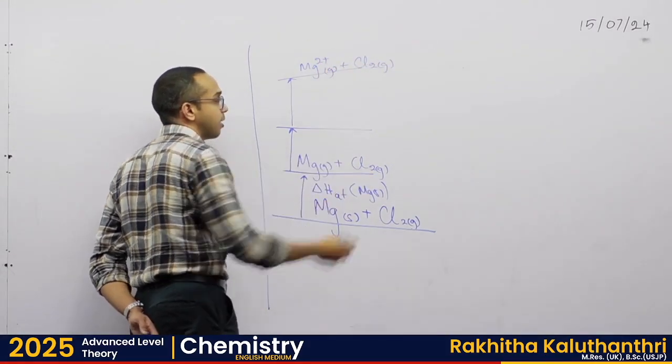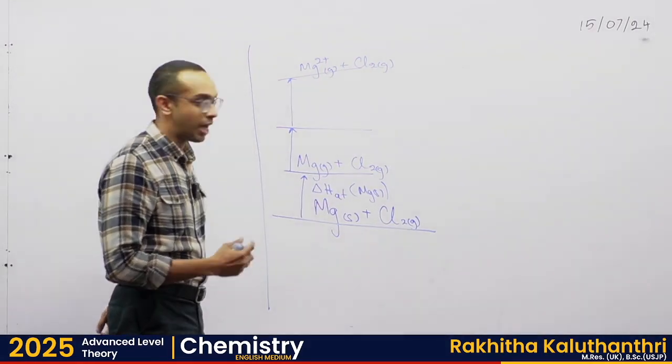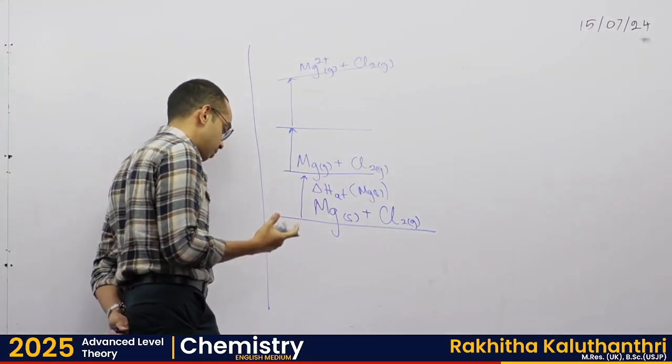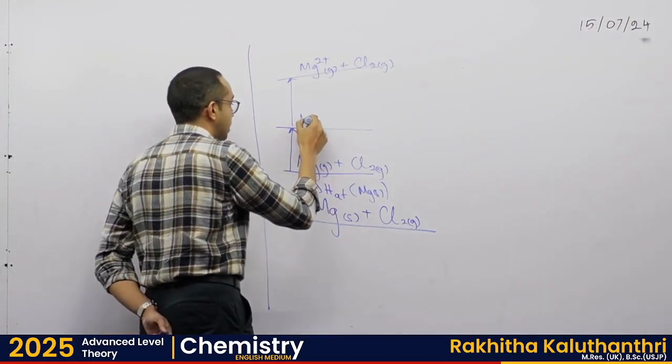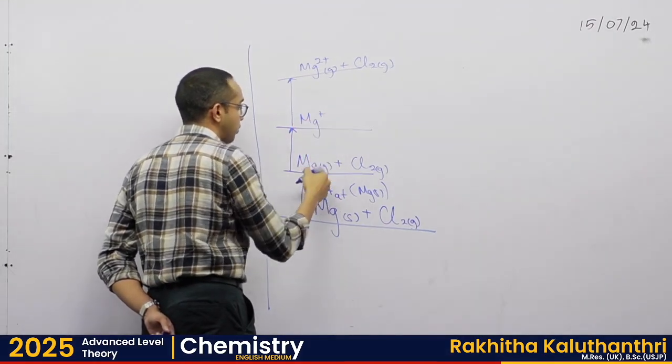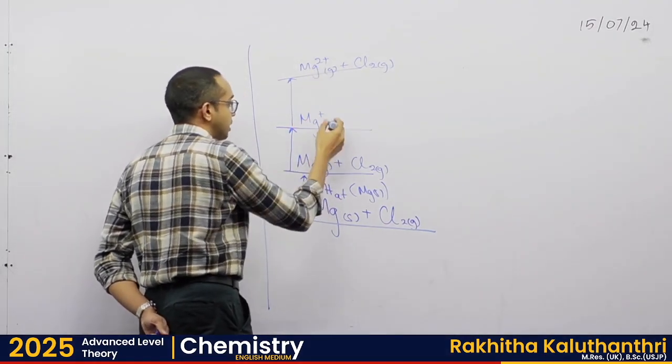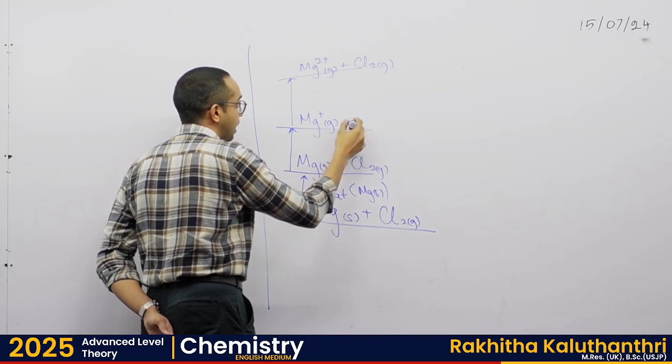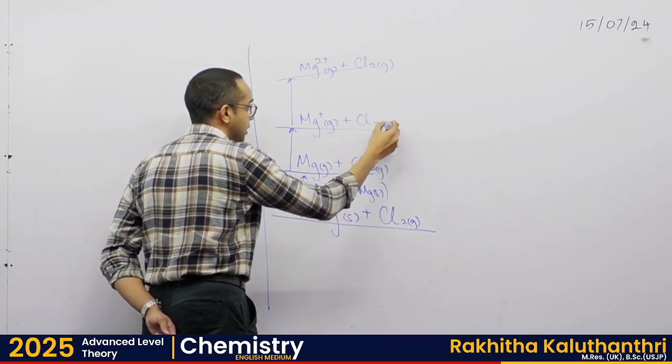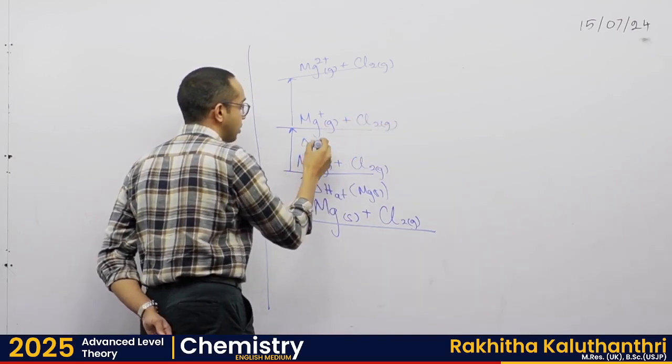That means we haven't atomized chlorine. We haven't broken the bonds in chlorine or atomized chlorine here. So we are talking about ionization, because you have to take this into magnesium 2 plus. That would mean we are talking about first ionization of magnesium. If you can figure that out, that's good.